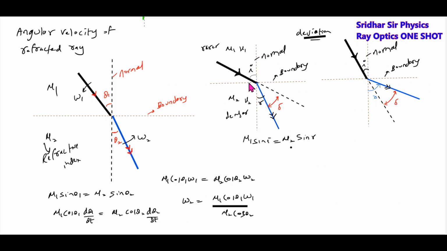Then there is a deviation. Actually the incident ray wanted to move in this particular path, but it is now deflected here. So deviation will be i minus r. If a ray of light moves from rarer to denser, the deviation will be i minus r. Similarly, if a ray of light moves from denser to rarer, then the deviation is given by r minus i.